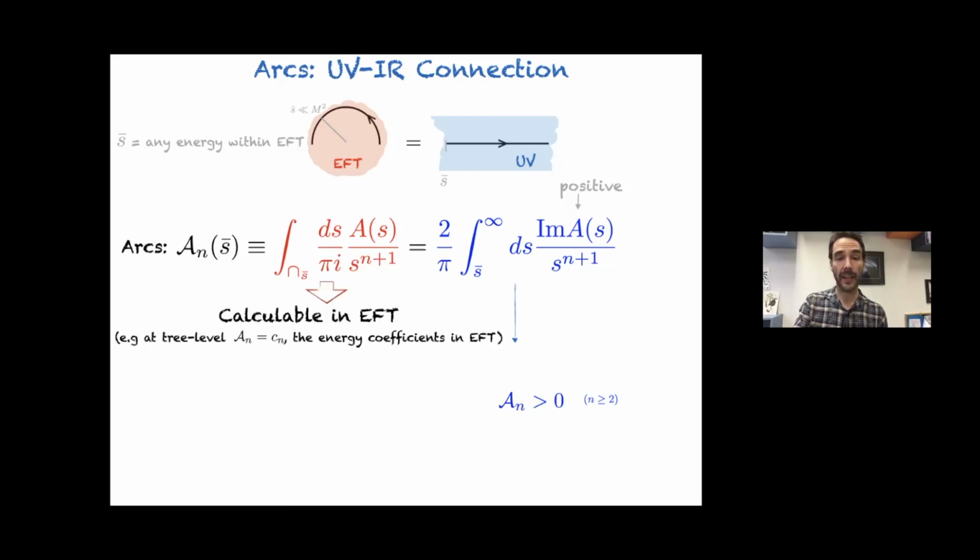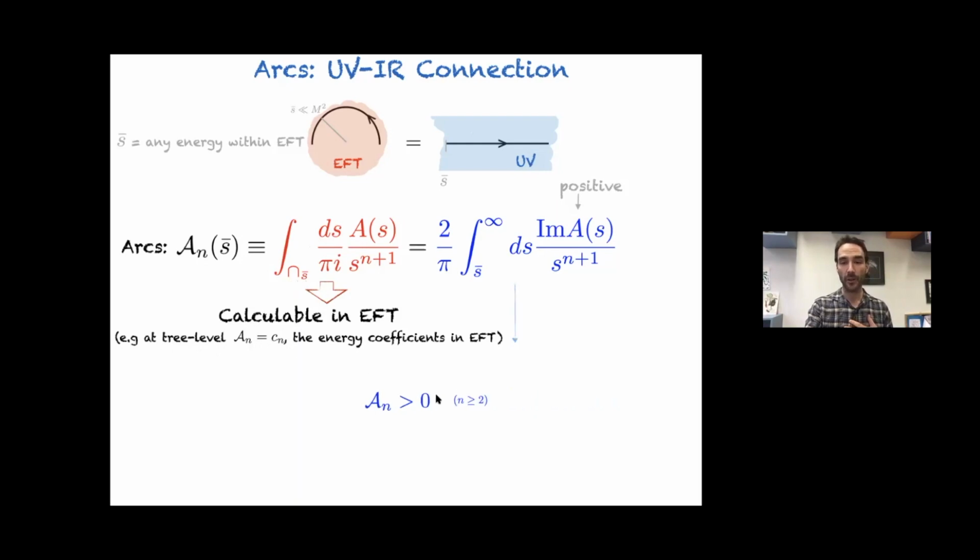And now, the interesting part of this is that the arc in the infrared is calculable within the effective field theory. And in order for you to understand better what I'm talking about, arcs at tree level are nothing but the Wilson coefficient that I mentioned before, the coefficient of the energy expansion in the amplitude, okay? So they're really calculable, you see what they are, you can measure them experimentally.